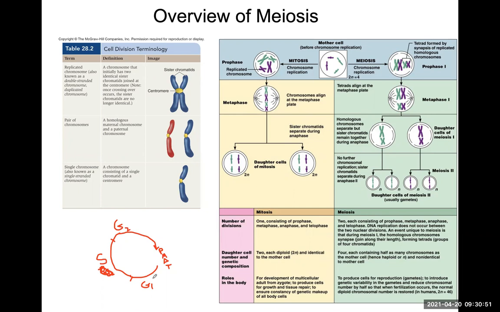So in G1, this is just a cell doing its thing. If it's a liver cell, it's making its liver proteins. If it's a skin cell, a stratified squamous epithelial cell, it's making keratin, just going through its business.